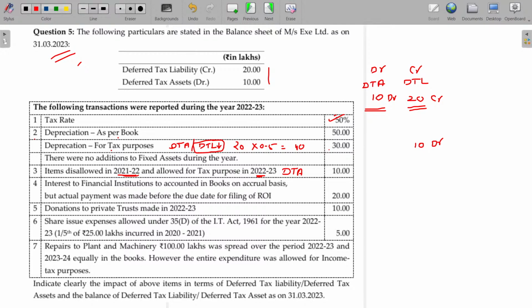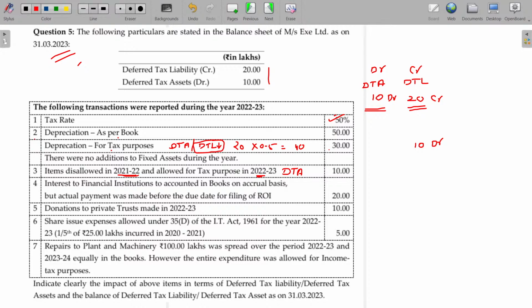This DTA includes this amount. This year, the income tax department allows you to debit on payment basis. This year you can debit. For the income tax purpose, you debited this 10. For the normal financial accounts, you already debited it in the previous year, so it is not debited in this year.